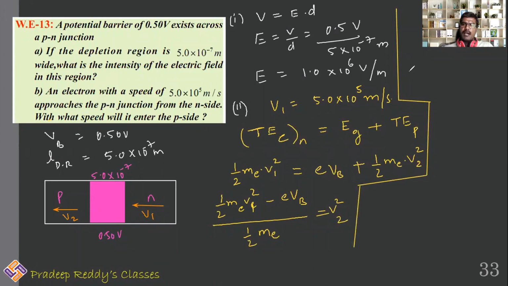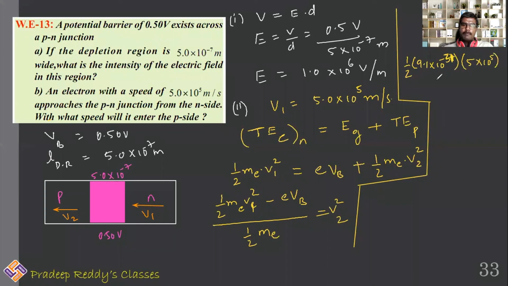So it is half into mass of the electron is 9.1 into 10 power minus 31 kg, and v1 velocity is given as 5 into 10 power 5.